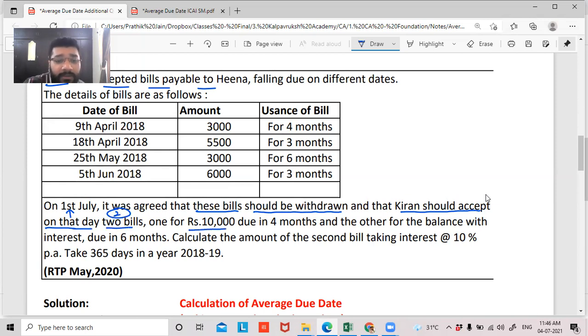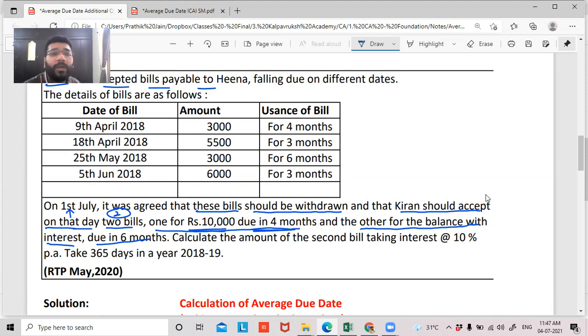One for 10,000 rupees due in 4 months, and another bill for the balance along with the interest, and that bill is due for 6 months. Calculate the amount of the second bill, taking interest at the rate of 10% per annum. Take 365 days in a year for 2018 and 19, guys.